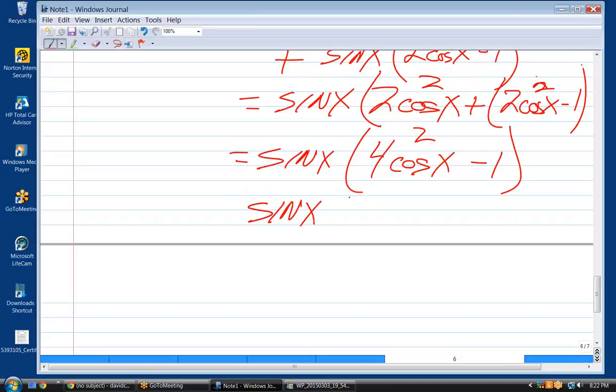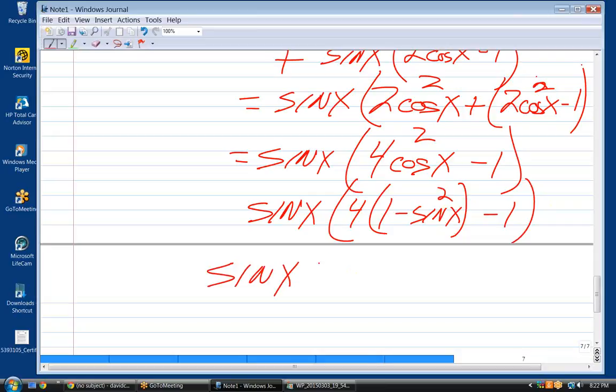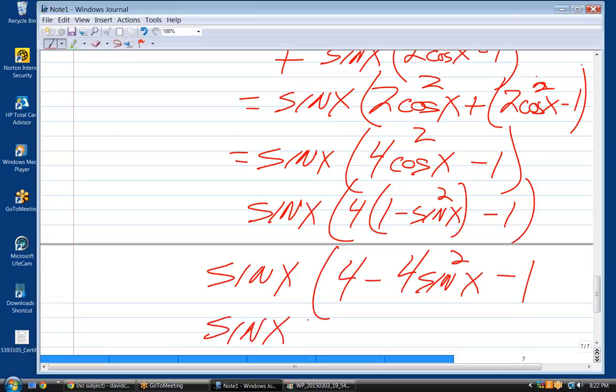So now I have sine x times 4 times 1 minus sine squared x minus 1. Now I've got sine x times 4 minus 4 sine squared x minus 1 equals sine x times 3 minus 4 sine squared x, which is what we were trying to prove.